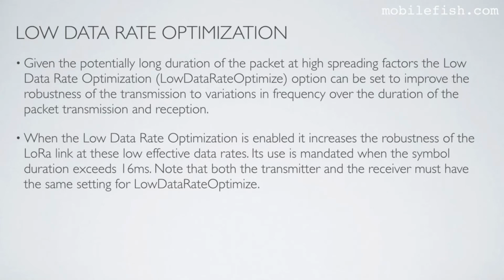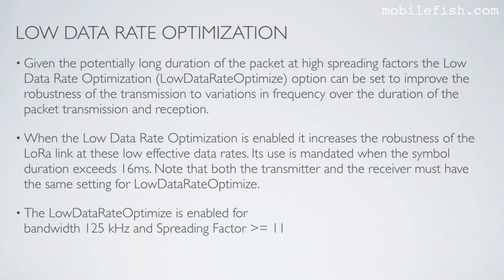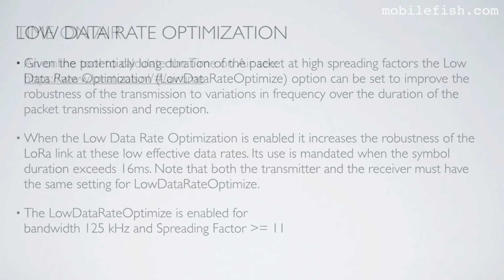Its use is mandated when the symbol duration exceeds 60 milliseconds. Note that both the transmitter and the receiver must have the same setting for low data rate optimization. The low data rate optimization is enabled for bandwidth 125 kHz and spreading factor greater or equal than 11.